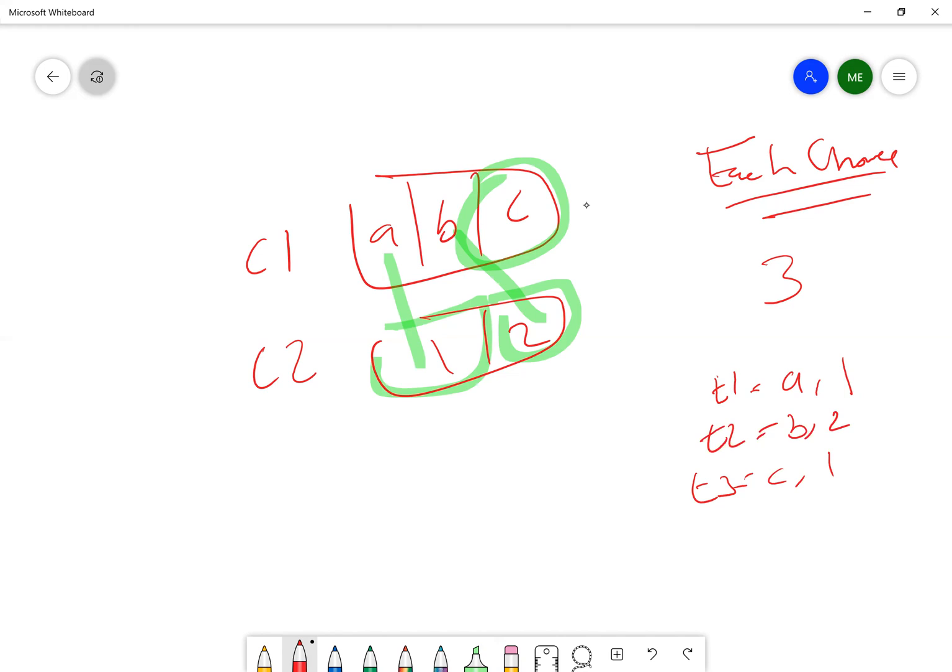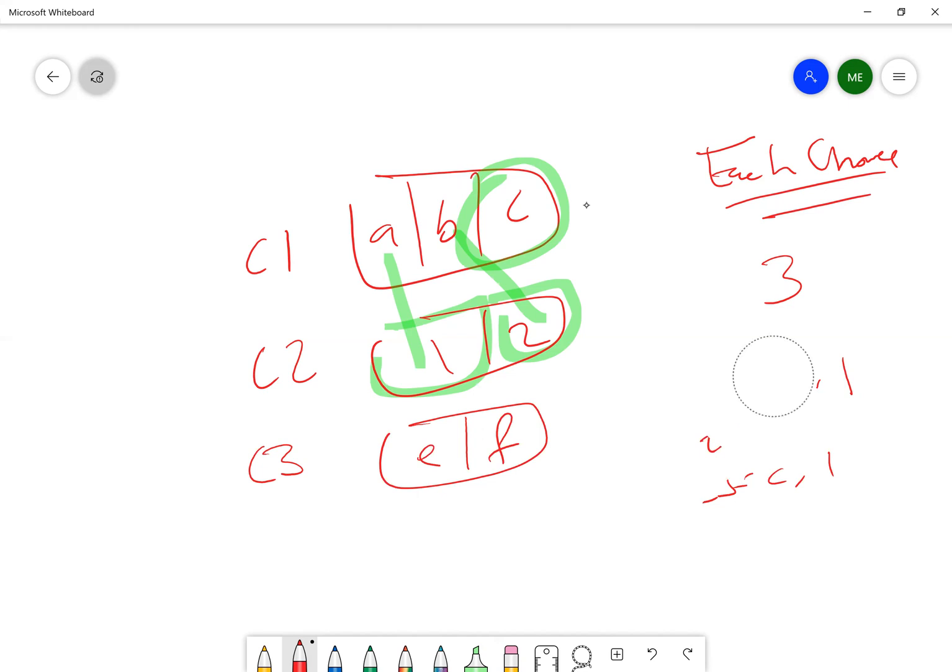So if I had a third criterion, and that third criterion had two more blocks, I got E and F. How many test cases do I need to satisfy each choice coverage?